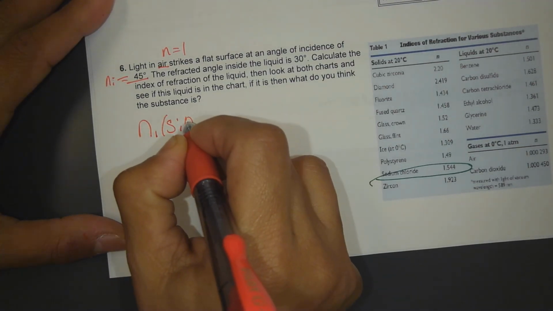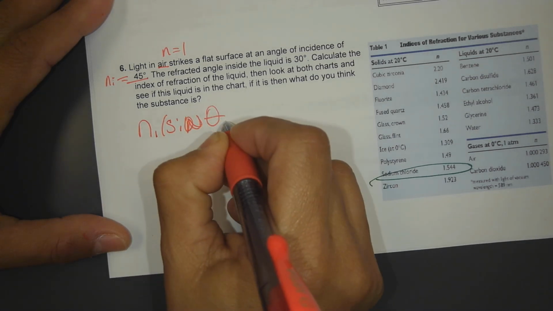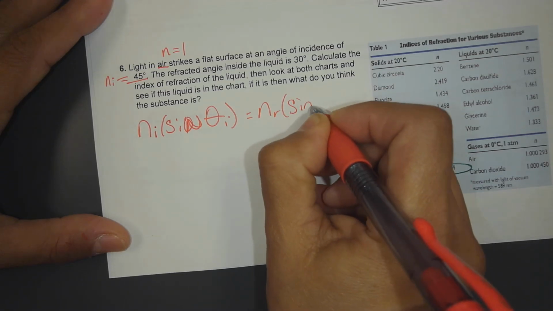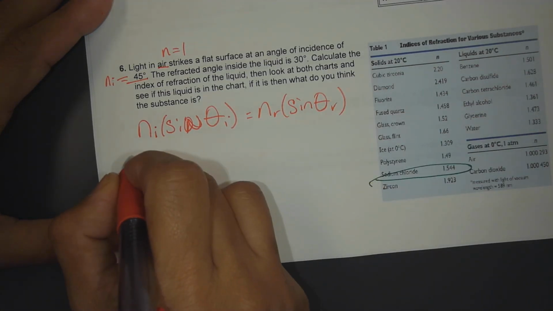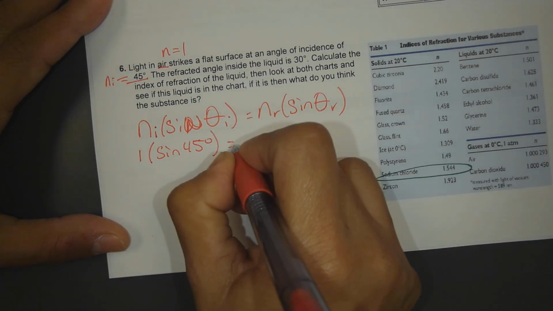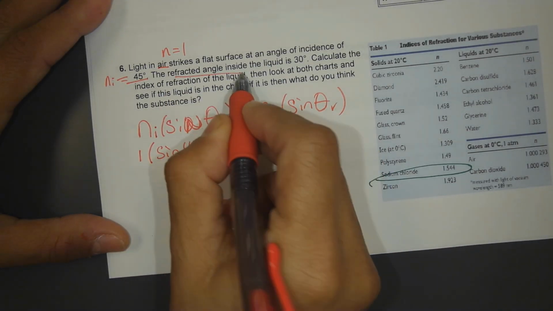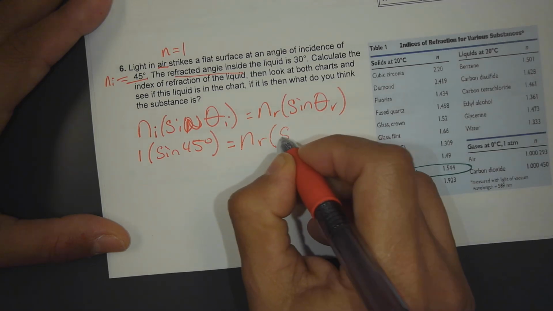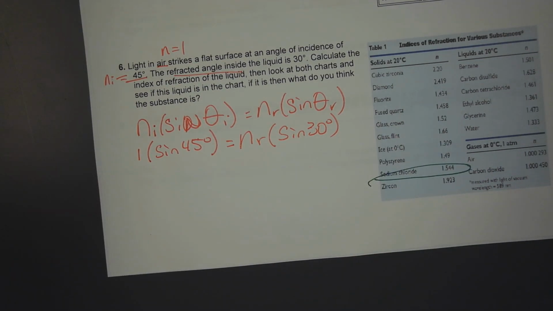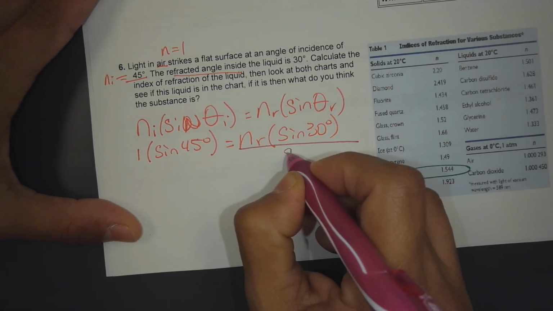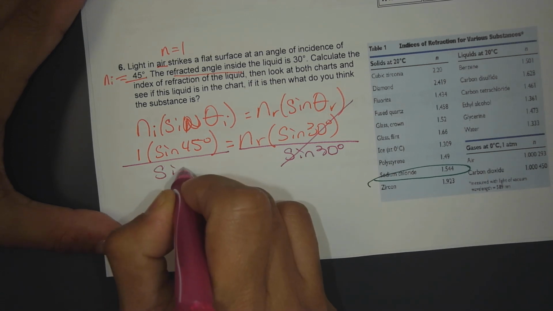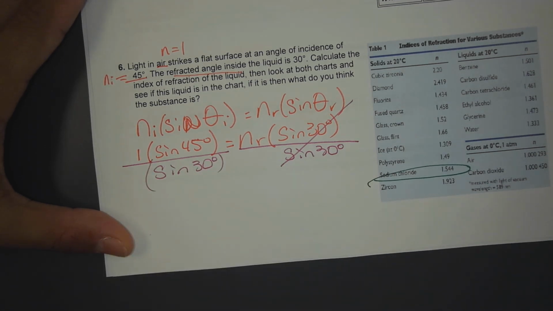Ni times the sine of theta I equals NR times the sine of theta R. Or 1 times the sine of 45 degrees equals, I don't know this one, that's an unknown, times the sine of 30 degrees. Again, algebraically, I would go ahead and divide this side by the sine of 30, cancel, divide this side by the sine of 30 degrees.